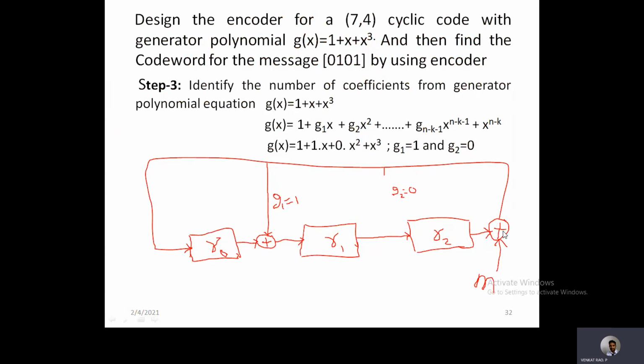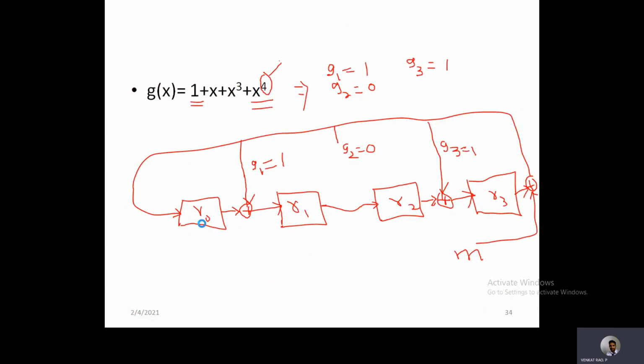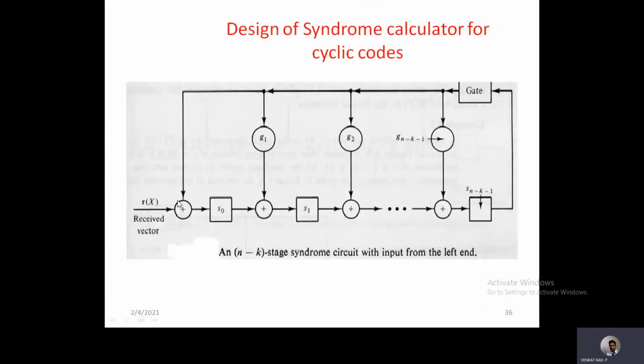So just replace this XOR operation at the starting point, and then this diagram becomes the syndrome calculator diagram. No need to go deeply into it. Just move this XOR operation from the last flip-flop output to the first flip-flop input. That's it. Now you can clearly see the syndrome calculator diagram.